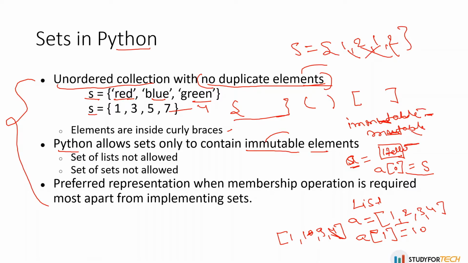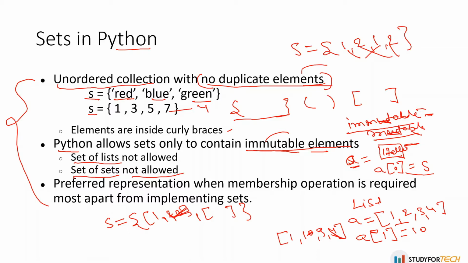I hope you understood the difference between immutable and mutable. So Python allows sets only to contain immutable elements. That means a set of lists is not allowed. You cannot put one list inside and then another list. This is not allowed. A set of sets is also not allowed.